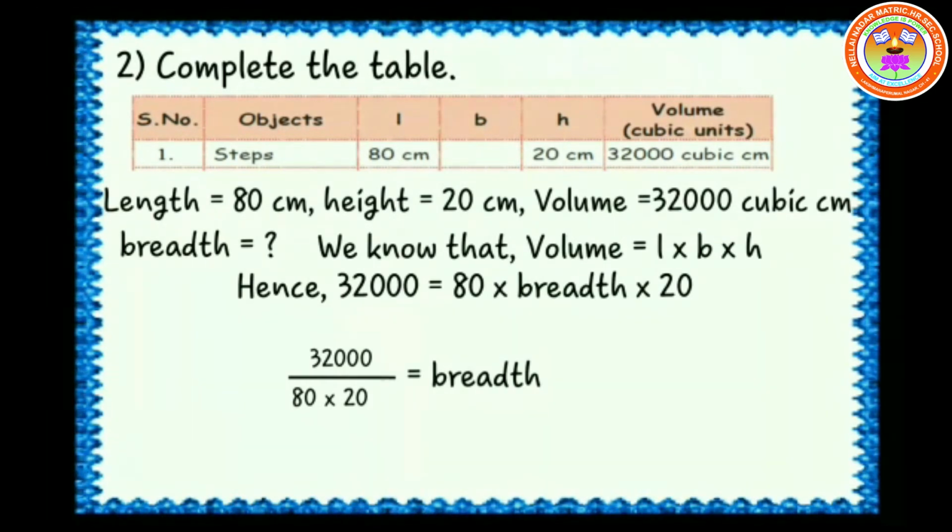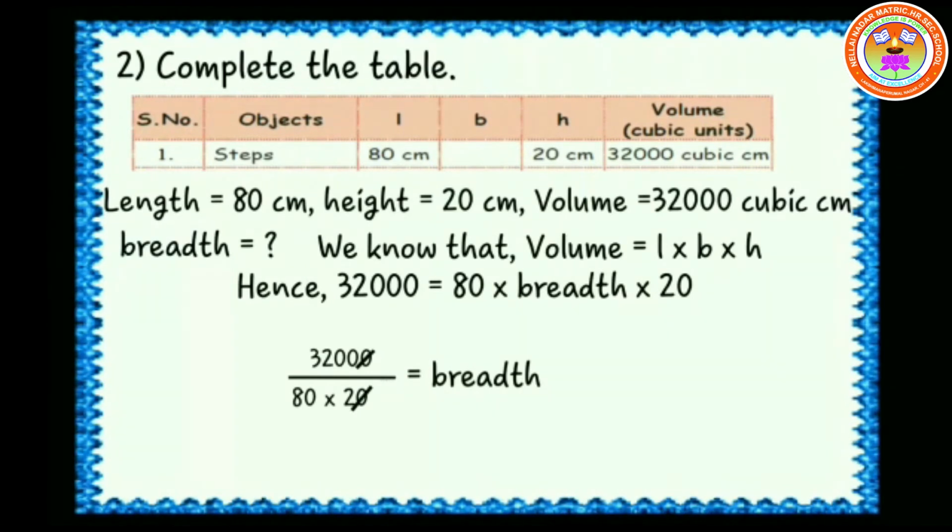Cancel one 0 in numerator and denominator. Then cancel one more 0. Now cancel 8 one time and 320 in 8 table 40 times.